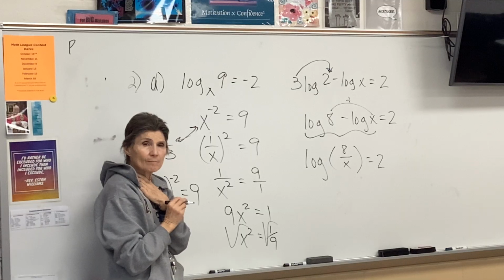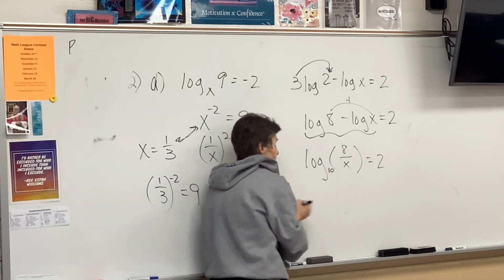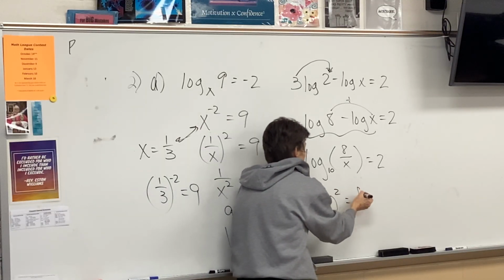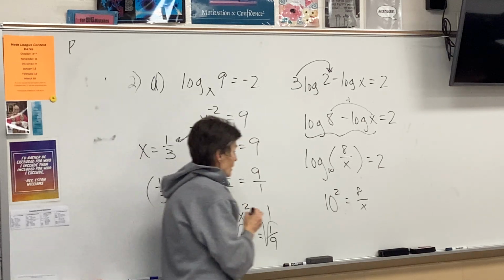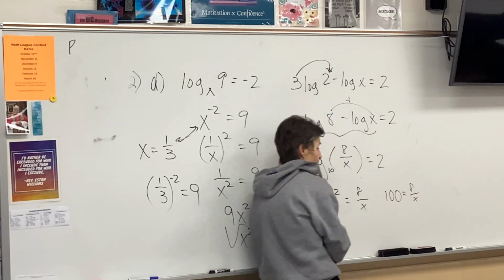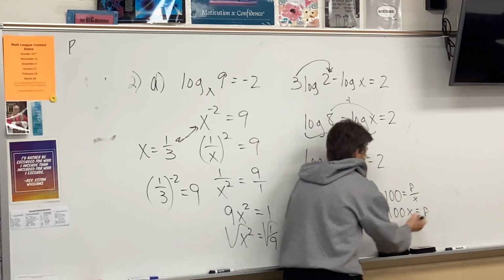Now what? Loop-de-loop. We have a base of 10. So 10 to the second equals 8 over x. So 100 equals 8 over x. 100x equals 8.